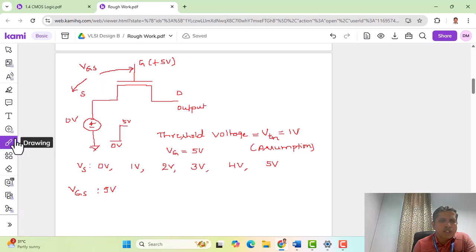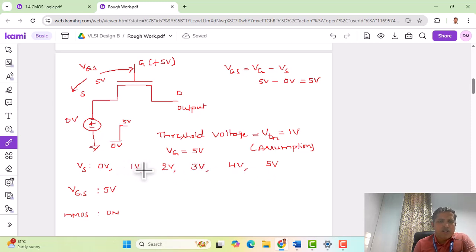So 0 volts is applied at the source, and VGS is going to be VG minus VS. For 0 volts at Vs, this is 5 volts minus 0 volts. Therefore, VGS is going to be 5 volts. So the device is completely, heavily on. So we can say that the NMOS is on.